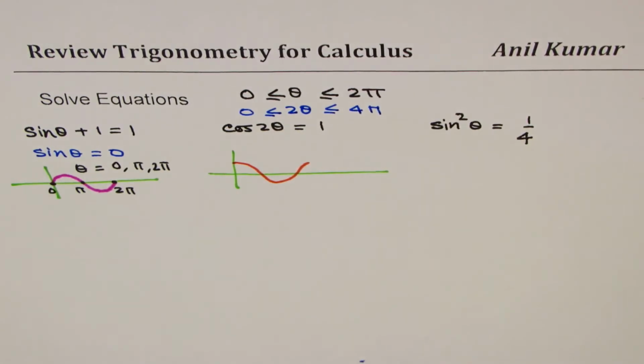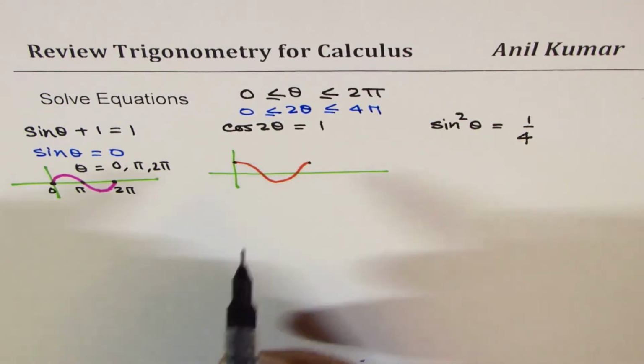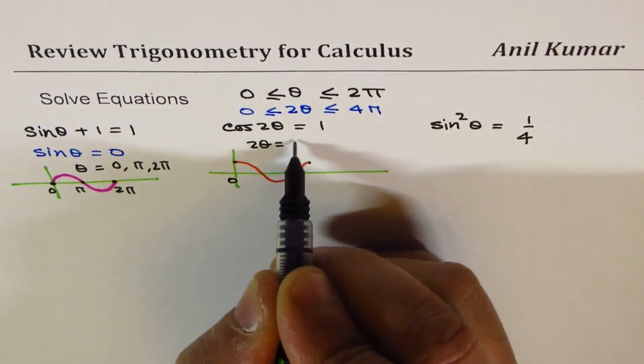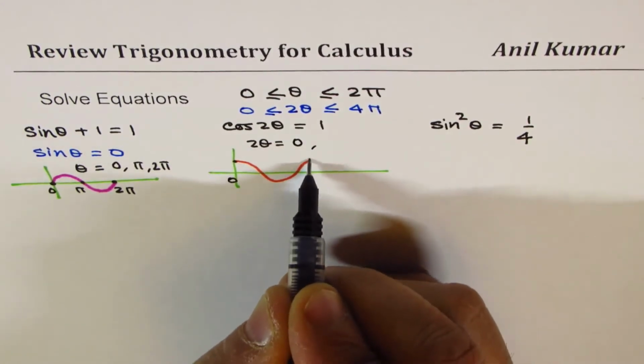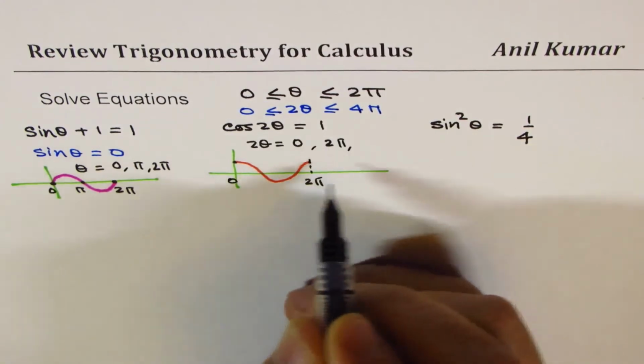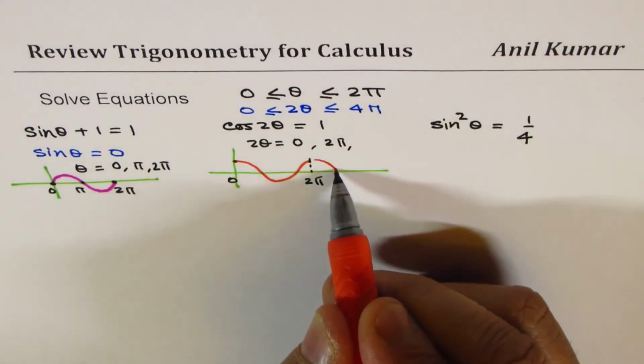When you say 1, it means we are actually looking for 2 theta equals to 0, or this is 2 pi. Now, since we have to go forward till 4 pi, you need to understand that we have to take 2 waves, right?